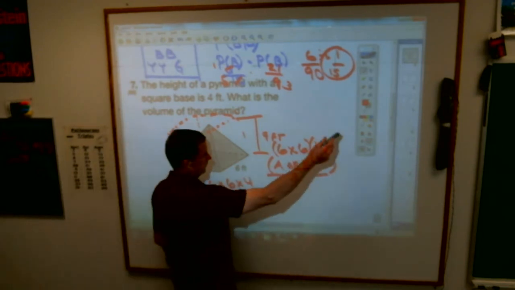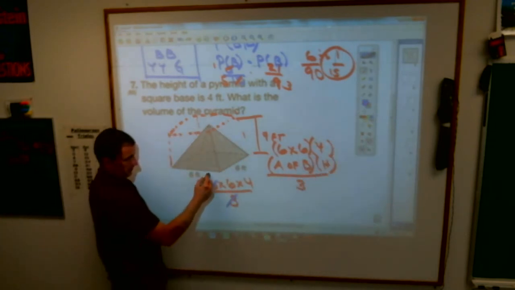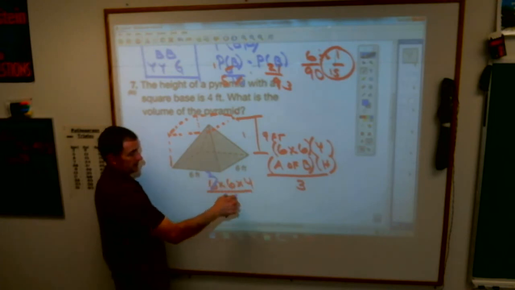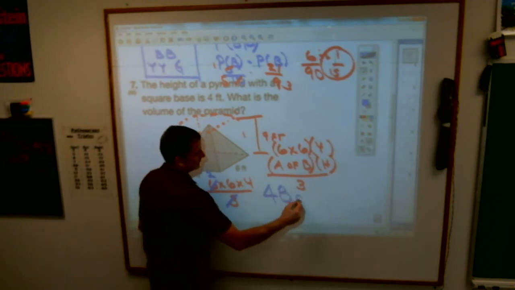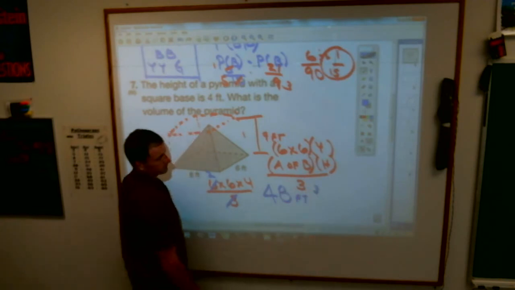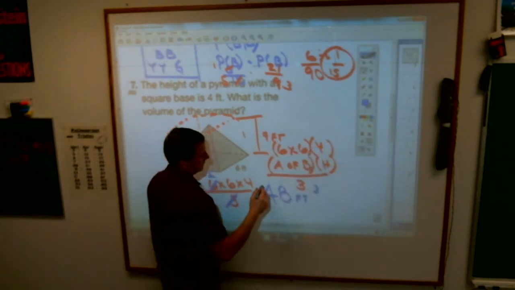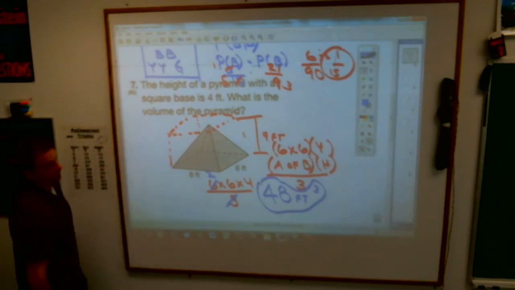You could, before you even multiply, cross-cancel the 3 with one of the 6s. 3 goes into 6 2 times. 2 times 4 is 8, times 6 is 48 feet cubed. You'll still get 48 if you multiply this times this times this and divide by 3, but it's a lot easier numbers to work with if you just cross cancel.